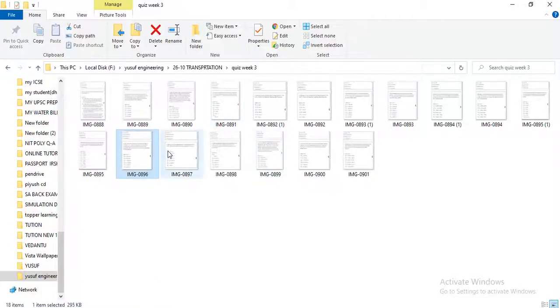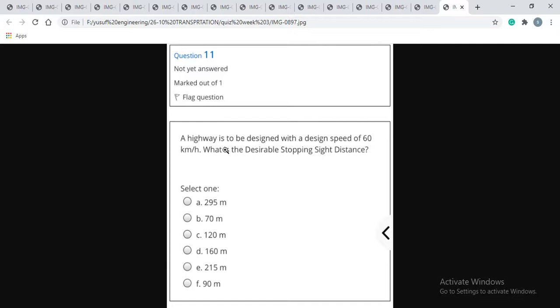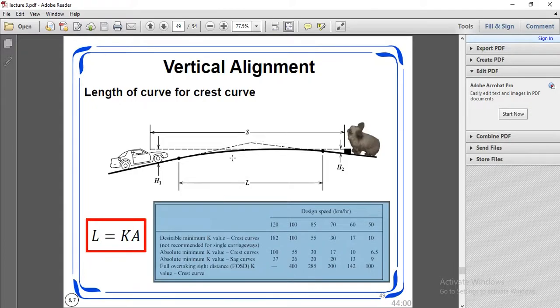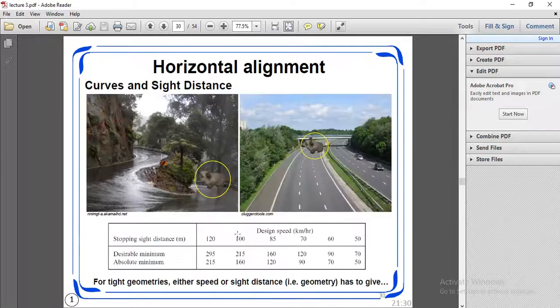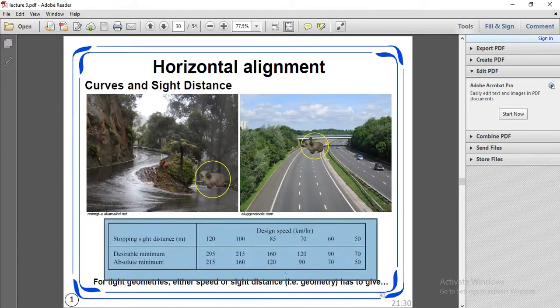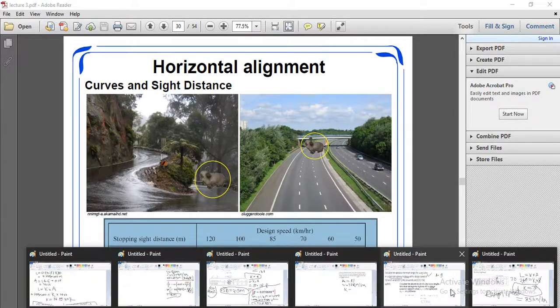So the next question is: a highway is to be designed with a design speed of 60. What is the desirable stopping sight distance? We just need to find the stopping sight distance. The speed is 60, so we just need to refer to one table here.